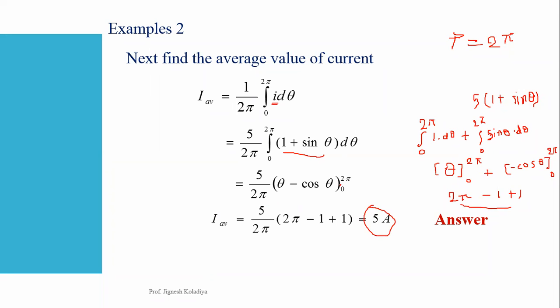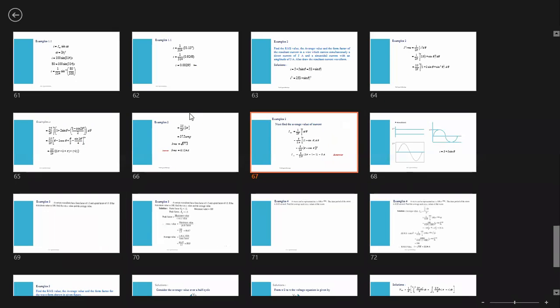Getting everyone? So many times I told you that you have to remember its generalized equation, then it will be very easy to find each and every value. All of you can try the RMS value by yourself.